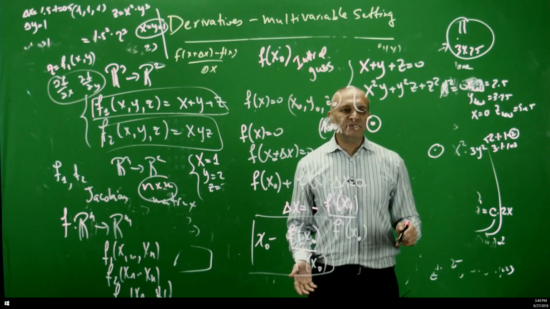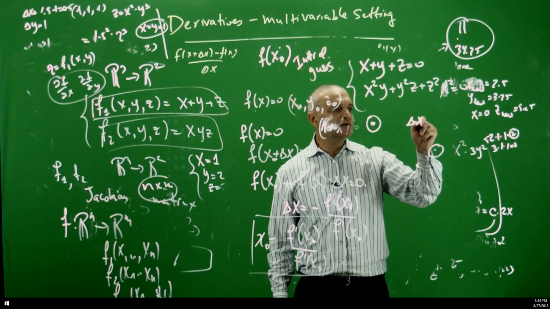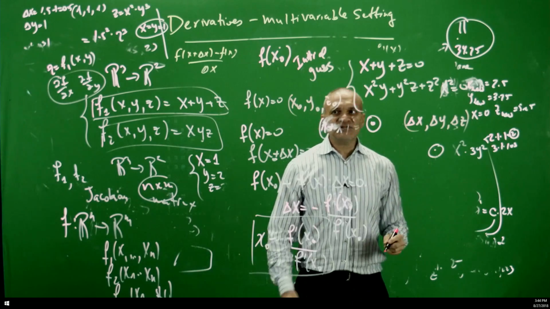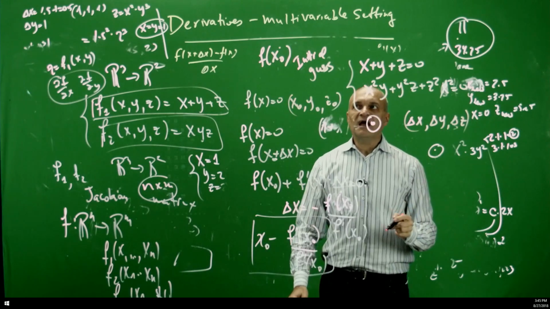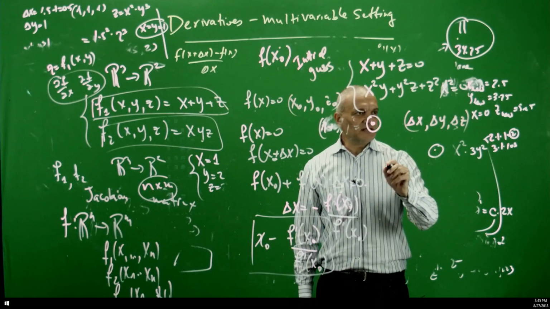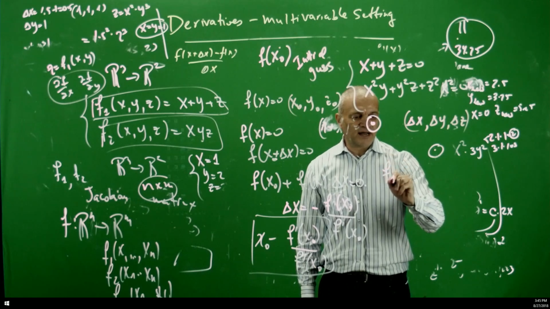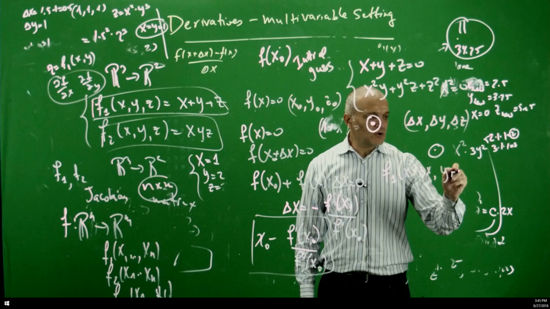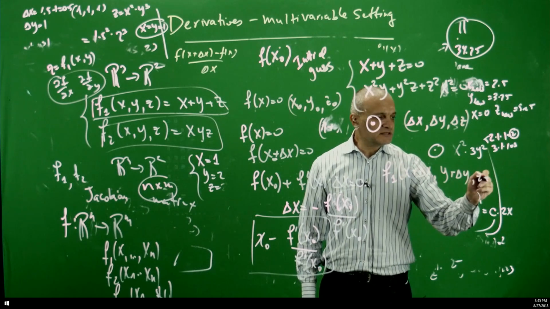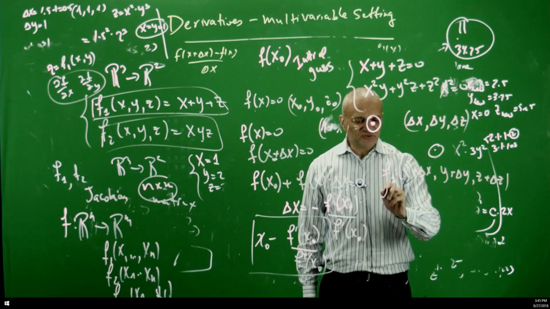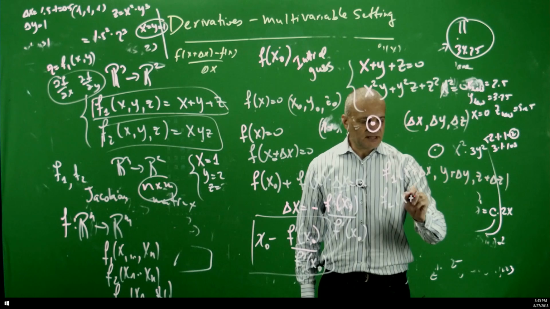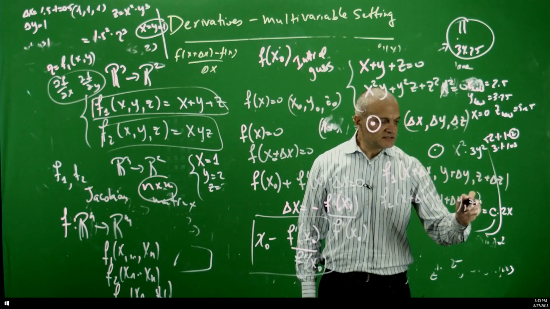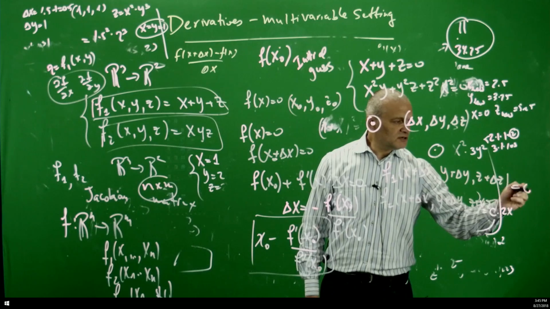What would be my approximation? I need to find delta x, delta y, delta z such that, for example, in this case, f1 of x plus delta x, y plus delta y, z plus delta z, and f2 of x plus delta x, y plus delta y, z plus delta z will be equal to 0.